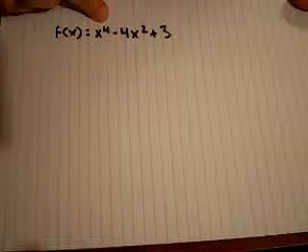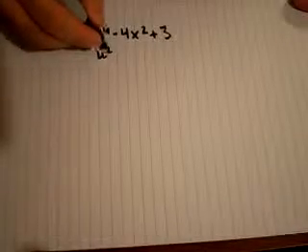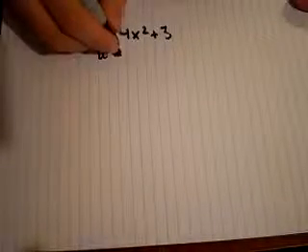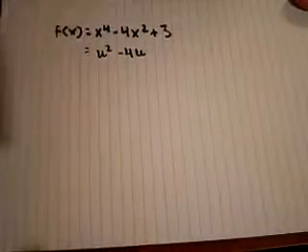Right, so one more time. Original was x to the 4 minus 4x squared plus 3. I took my x to the 4 and it became u squared minus 4, my x squared, once again, is a u, plus 3.